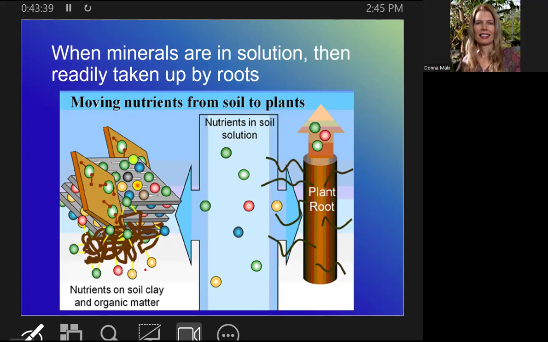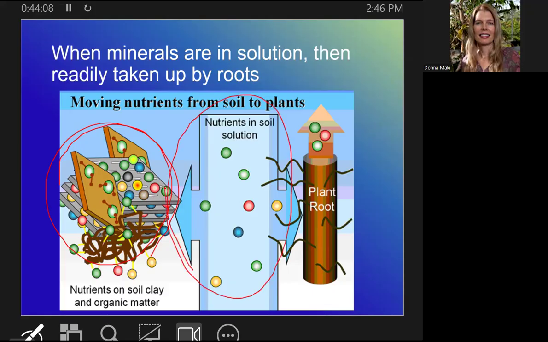So on the left, you have kind of a mock-up of some soil particles that have different components to it. It kind of looks like they're trying to show some clay and, yeah, clay and organic matter. And all those balls, the different colored balls, are different minerals that the plant needs. And then what they're trying to show is that somehow those have to get off the soil surface and into the water solution of the soil.